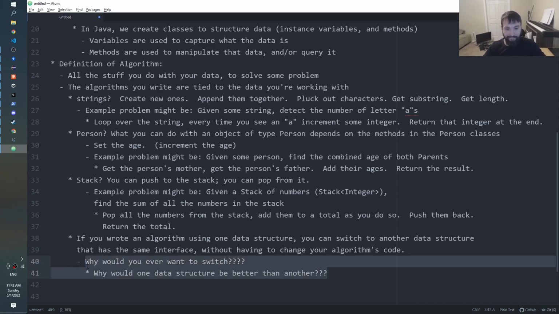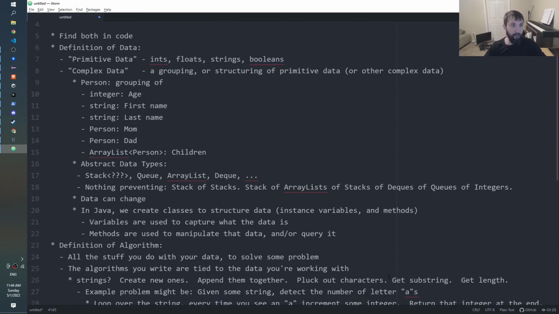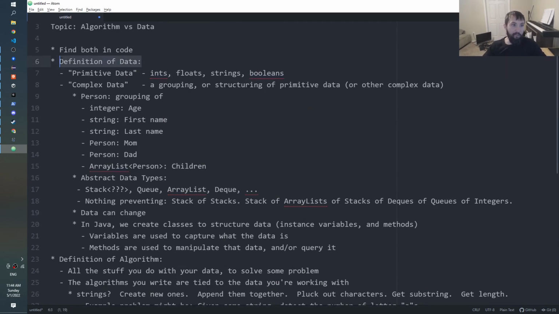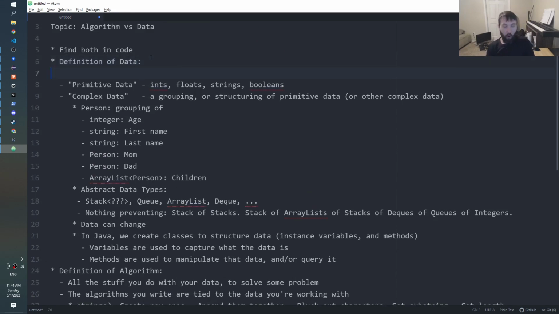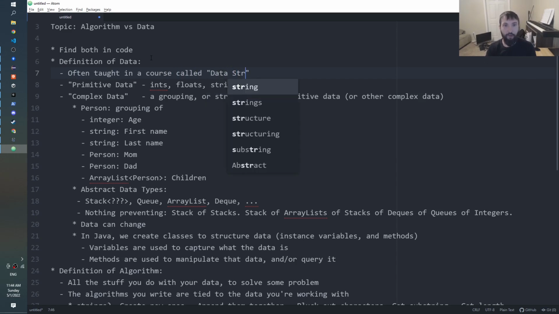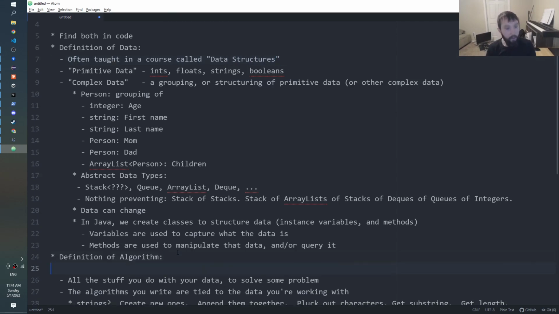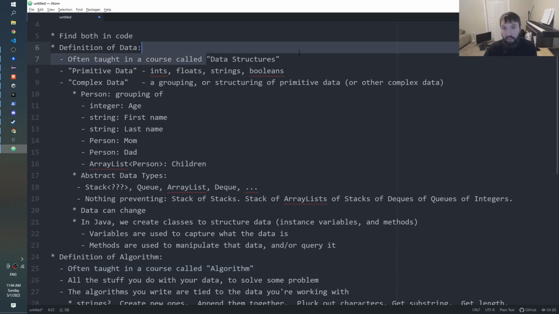But let me point out that in many universities, this whole idea of data is taught in a whole course called data structures. And this idea of algorithm is often taught in another course, often called algorithms. Sometimes the names differ, but when I went to college, these were the names of the courses.